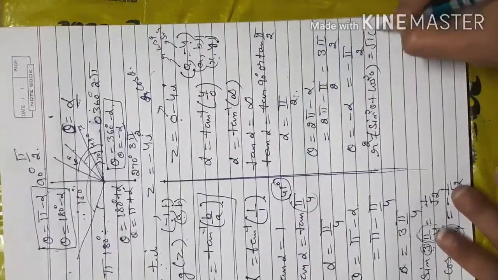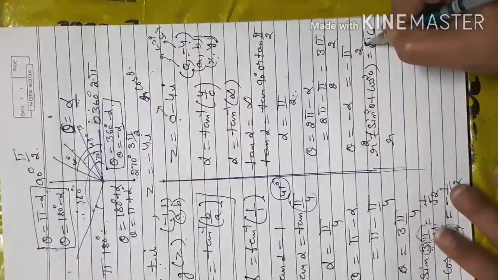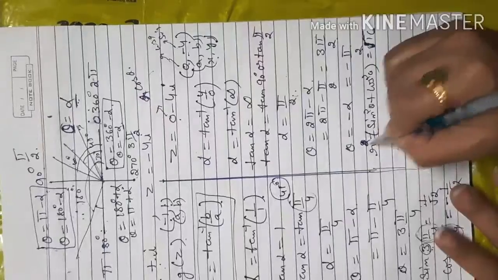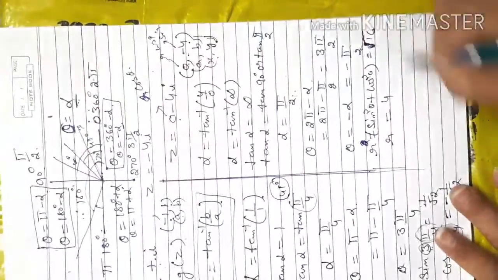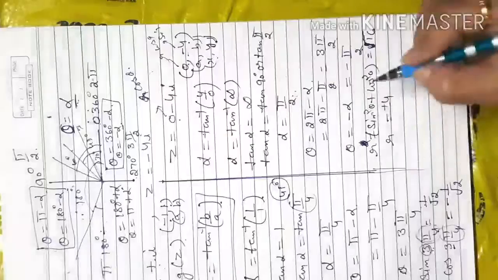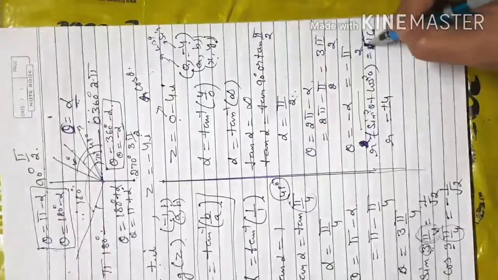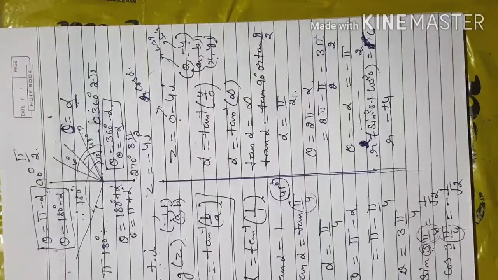Root 16 gives me the r value. After solving, when we find the square root, r is equal to plus minus 4, so the r value will be plus minus 4.